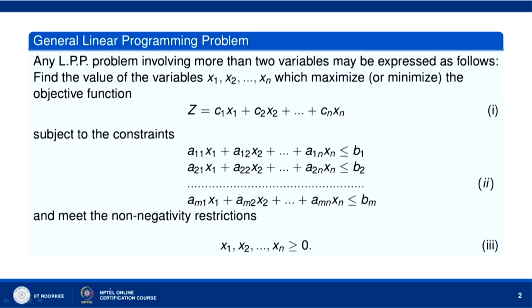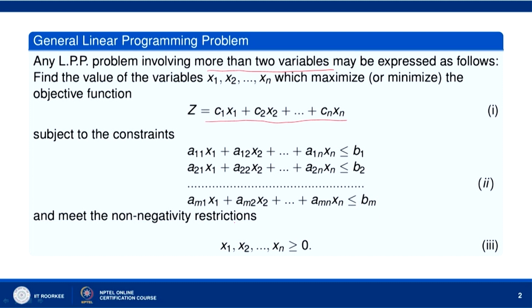Any LPP, any linear programming problem involving more than 2 variables, may be expressed as z equal to C1 x1 plus C2 x2 plus ... plus Cn xn, which is our objective function, and we want to maximize or minimize it subject to the constraints a11 x1 plus a12 x2 plus ... plus a1n xn less than or equal to b1, a21 x1 plus a22 x2 plus ... plus a2n xn less than or equal to b2, and so on, am1 x1 plus am2 x2 plus ... plus amn xn less than or equal to bm.